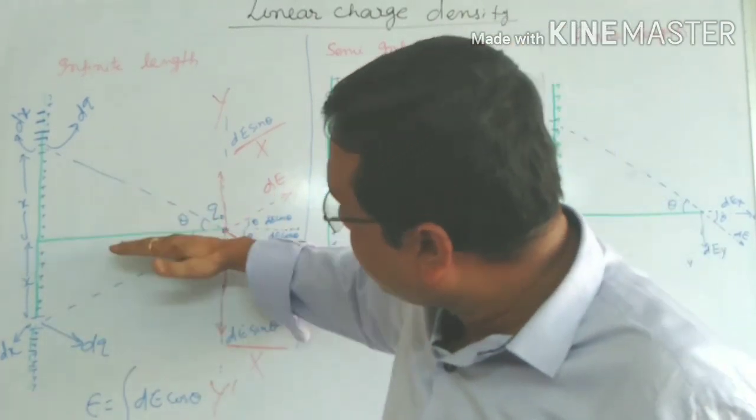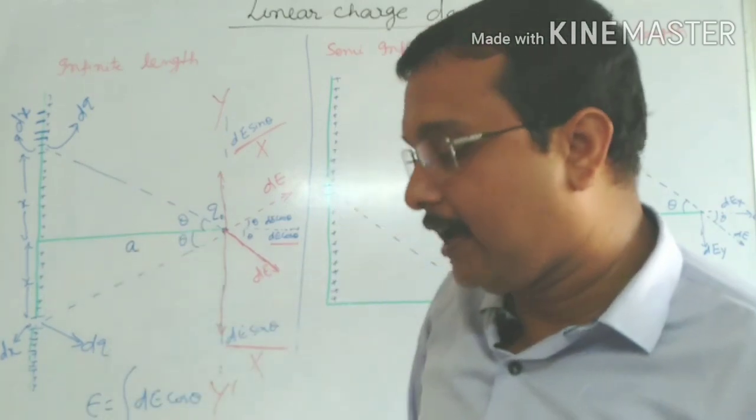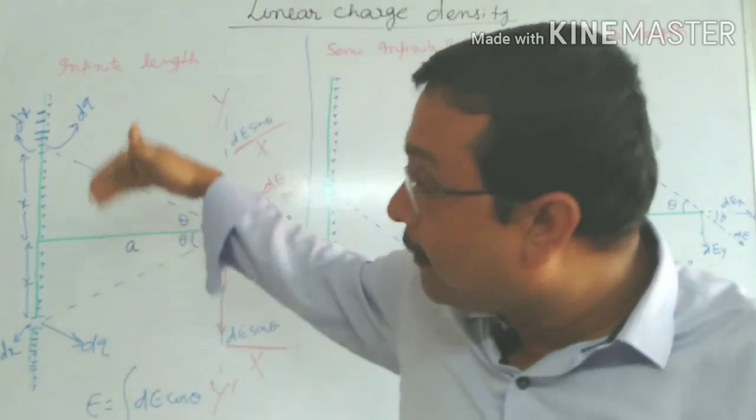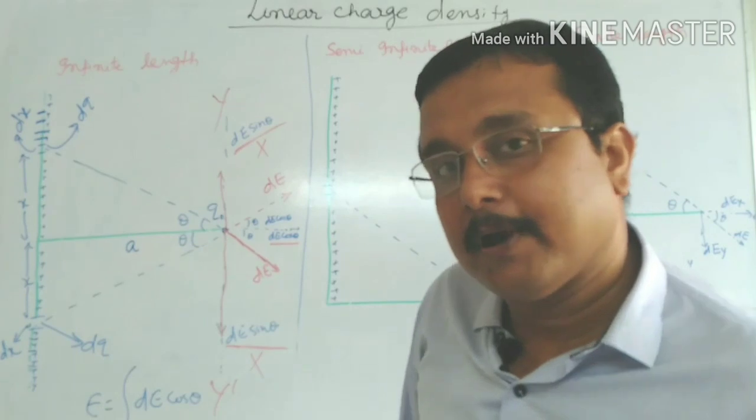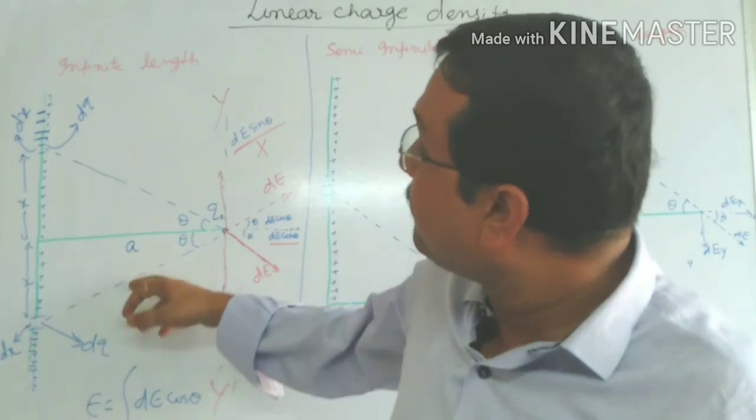Below this reference line it is pi by 2, and above this reference line it is also pi by 2. So what is this limit? Pi by 2 to pi by 2.